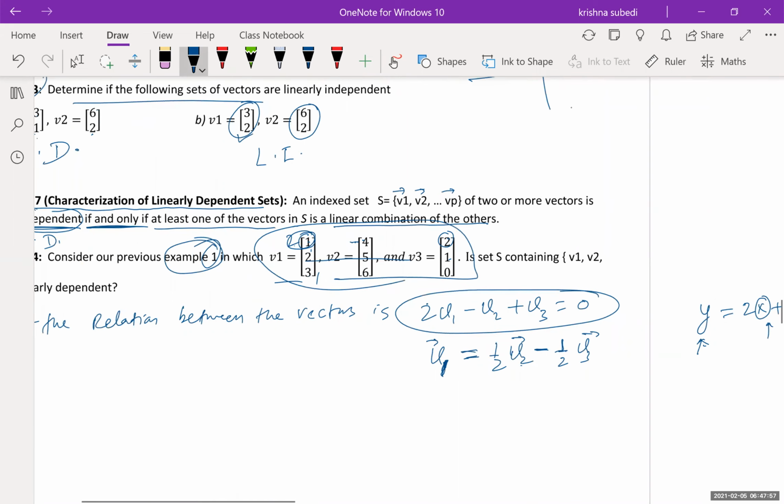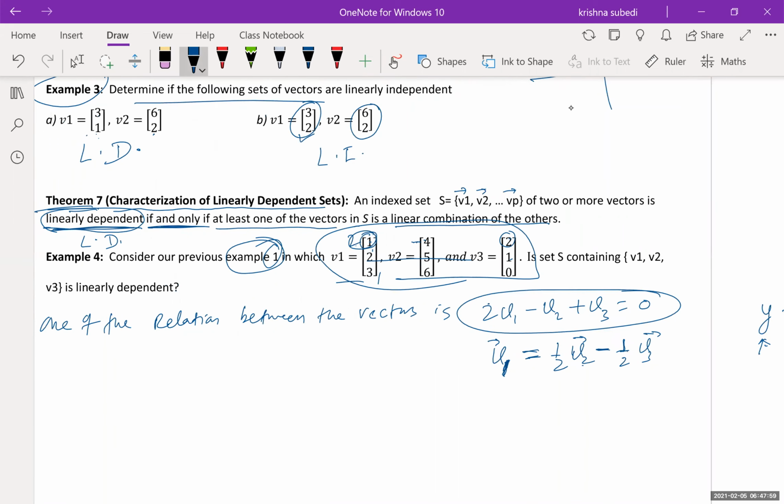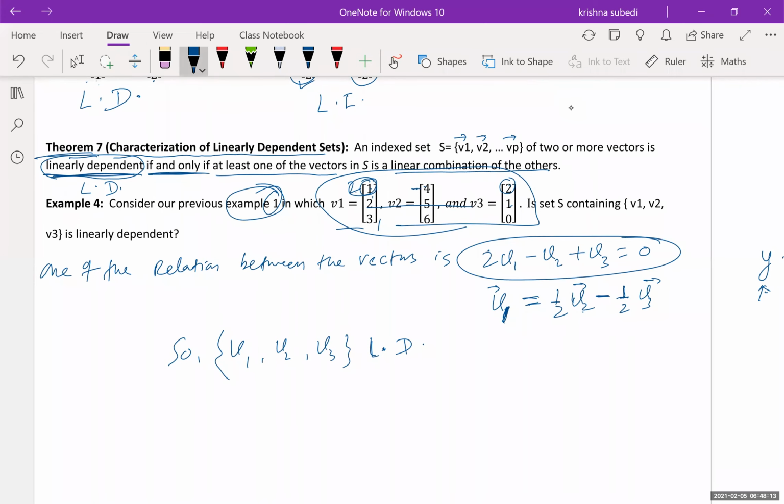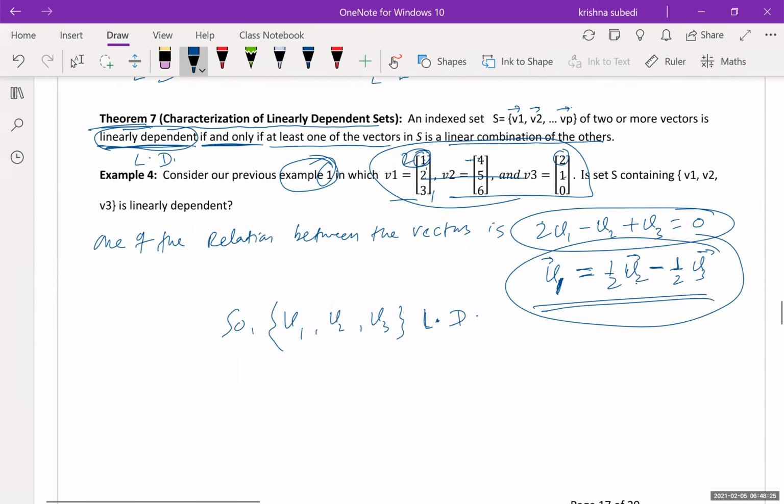So we can say that V1, V2, V3 are linearly dependent. That's one way of looking at it. This is sometimes easy. And if you find it difficult to use common sense, then you already have the method that we learned in example 1. No issue there. Whatever you find easy, go for it.